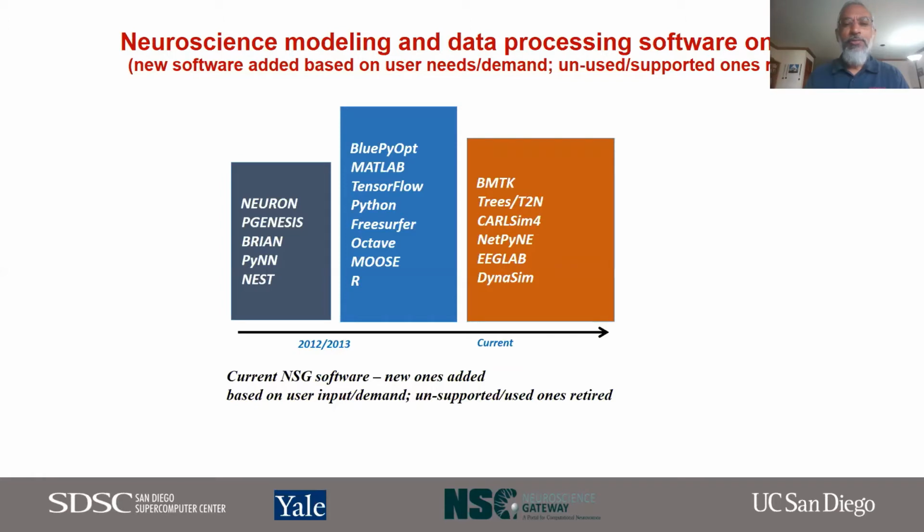So you can see MATLAB, EEG Lab, FreeSurfer, and then more data processing like R, Python, and even machine learning tools like TensorFlow were made available. Usually we listen to users and provide neuroscience software that are robust, have a good user base, and do need high performance computing. If some software is not used or not supported, we retire those.